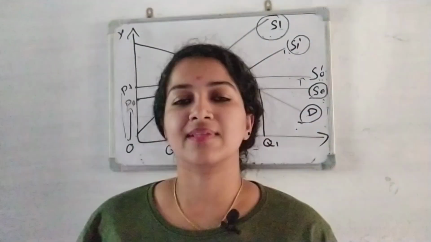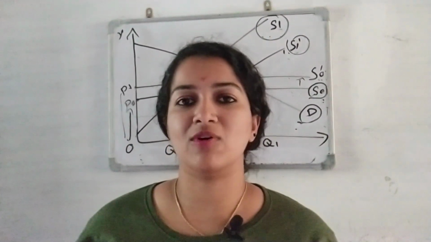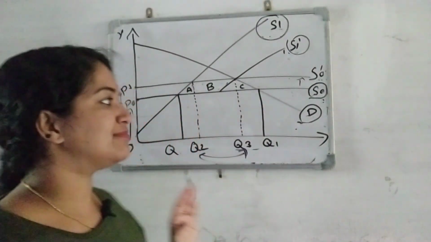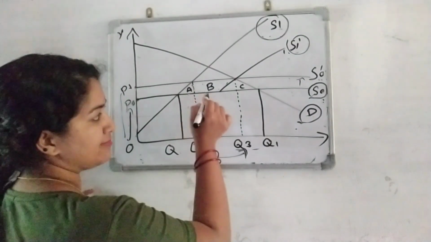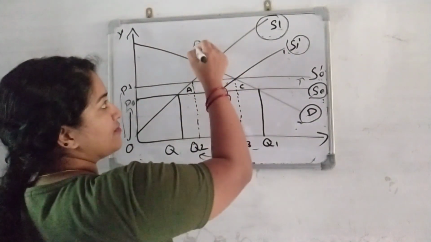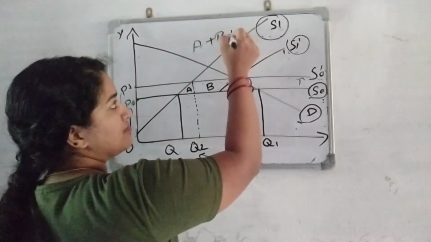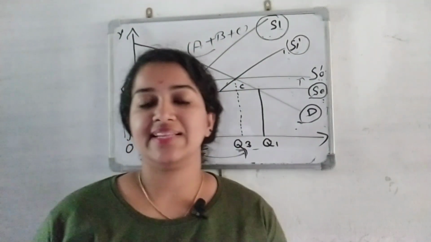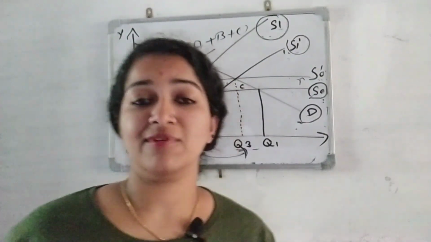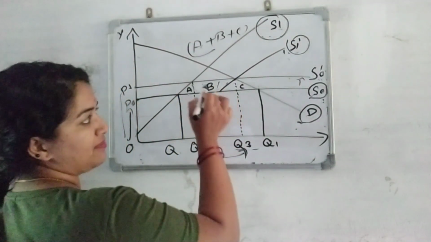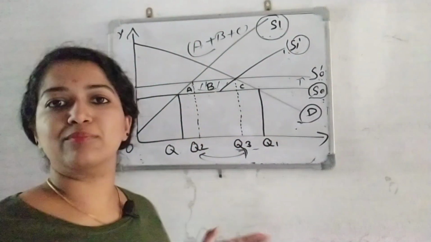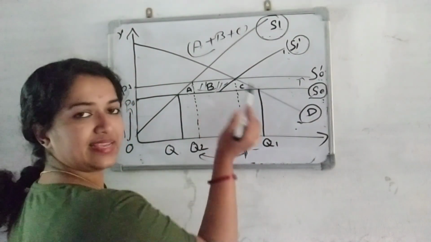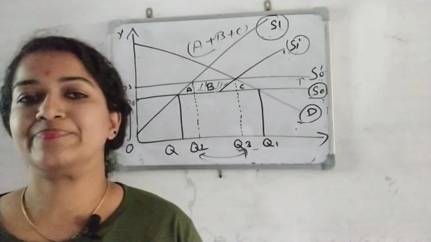In this, the net loss of the importing country is measured by adding A plus B plus C. In case of a tariff, the area B is the net gain of the importing country.